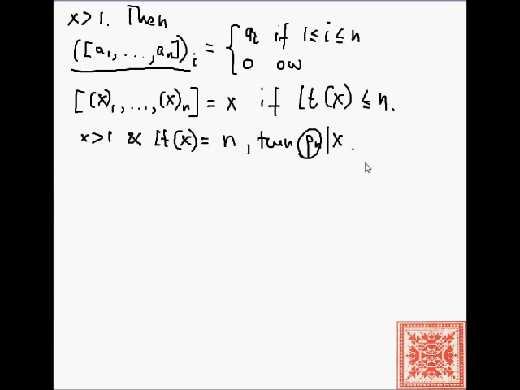So for any indices greater than n, the prime powers for those indices will be 0.